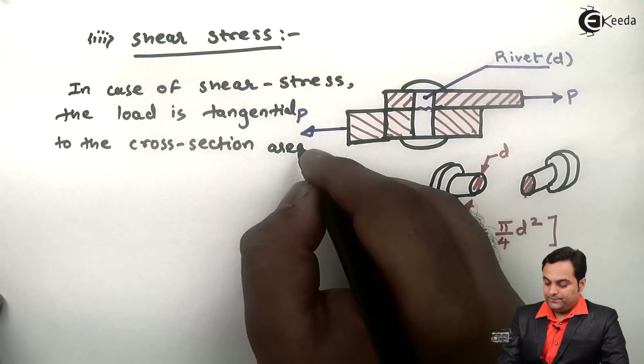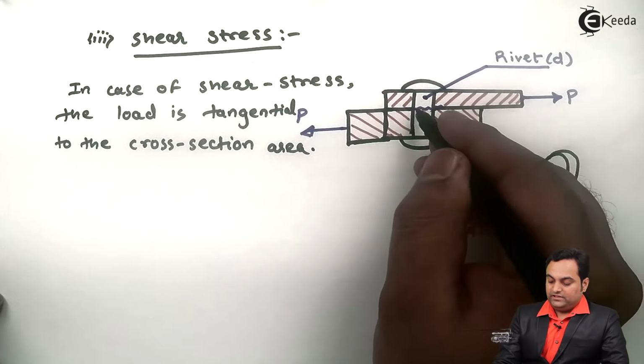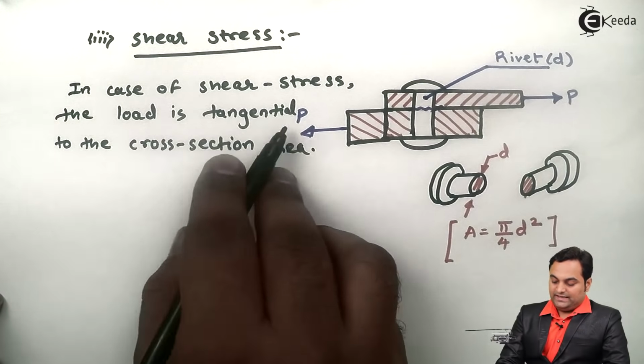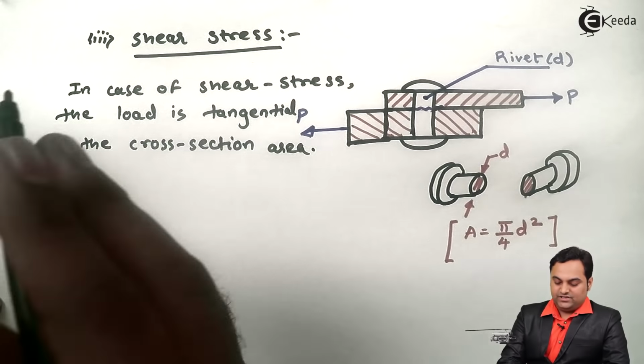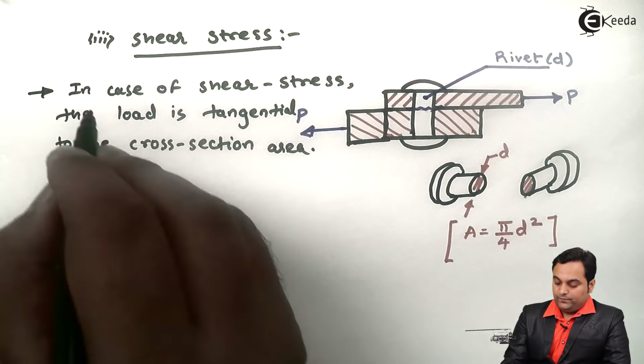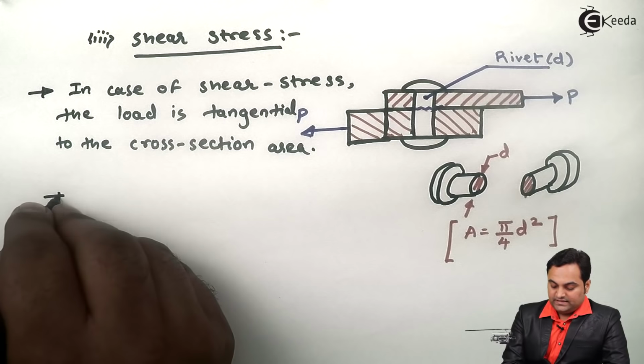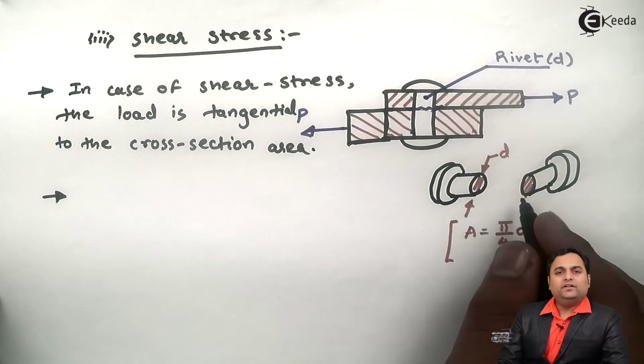As we have seen here, the load is parallel to this area, so I can say either it is parallel or tangential. Now see, shearing, as I have seen in this case, it is of single shear.